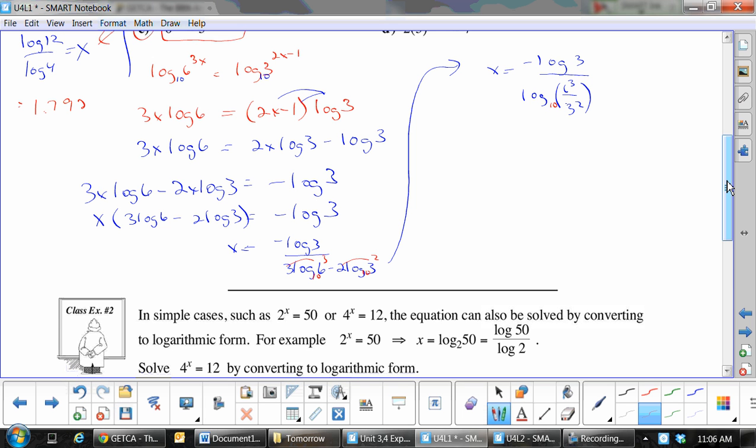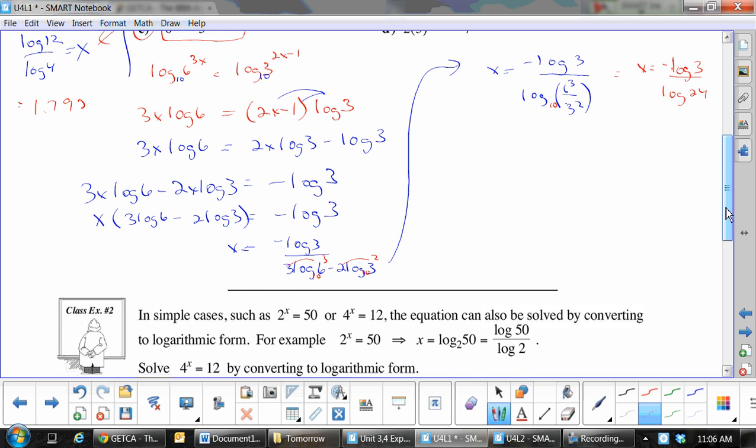So I use the rule that when you're subtracting with the same bases, you can divide. So 6 to the 3 divided by 2 to the 3 is 24. So I have x equals negative log 3 over log 24.